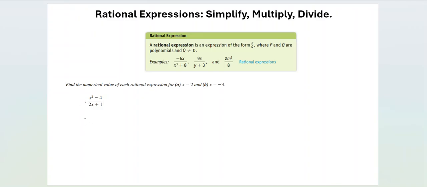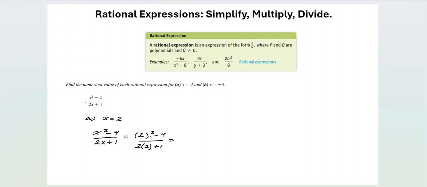So when x equals 2, my expression there is x squared minus 4 over 2x plus 1. As we substitute the x by 2, we get 2 squared minus 4 over 2 times 2 plus 1.